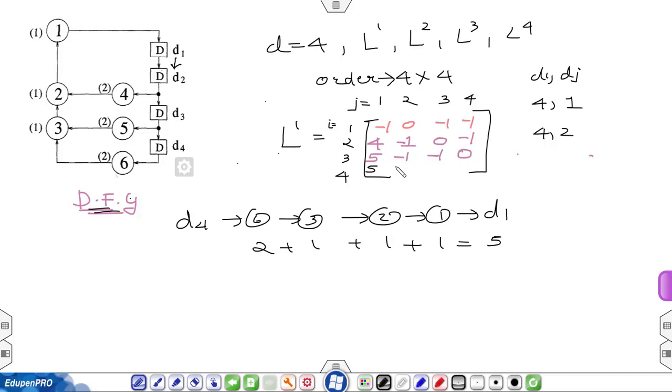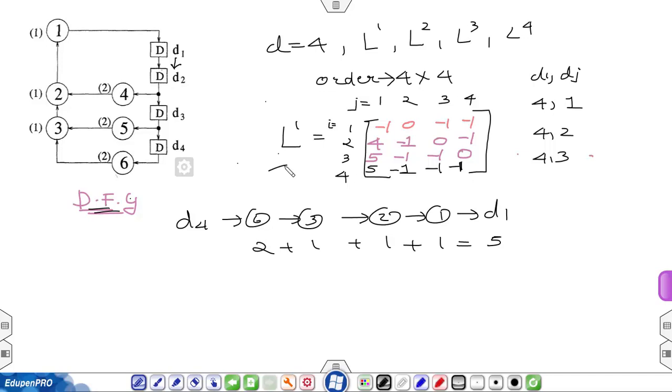It is just a matter of practice. -1. 4 comma 3, no path exists, -1, and 4 comma 4, not possible, again -1.